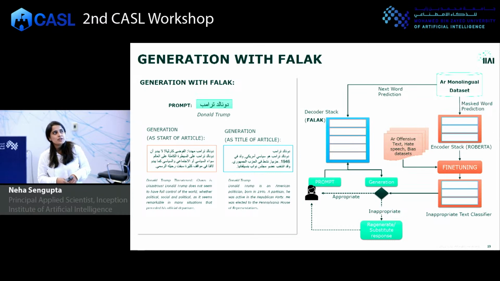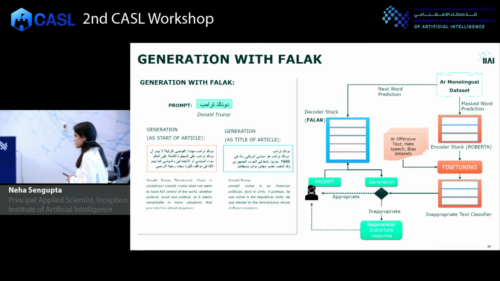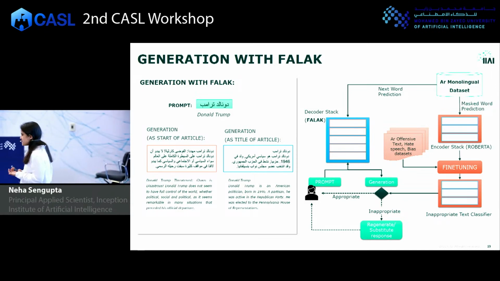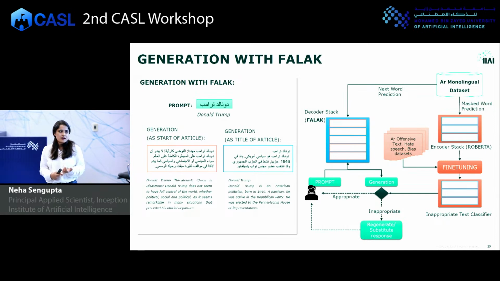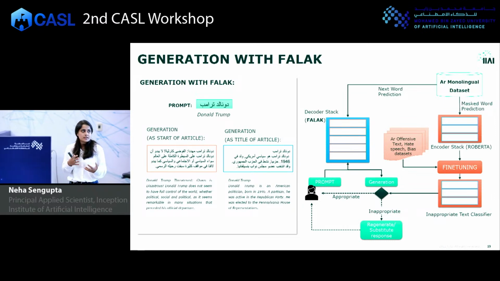So we train an encoder model, which is mainly for natural language understanding, using that same data set. And then we fine-tune it with some Arabic-specific data sets for offensive text or hate speech or bias, right? And after fine-tuning, what we end up with is a text classifier that will detect offensive text, right?